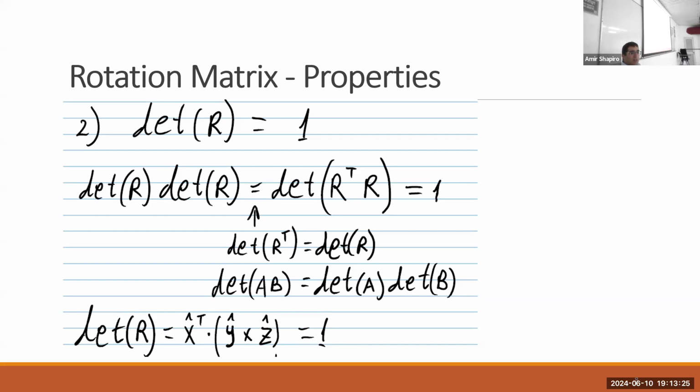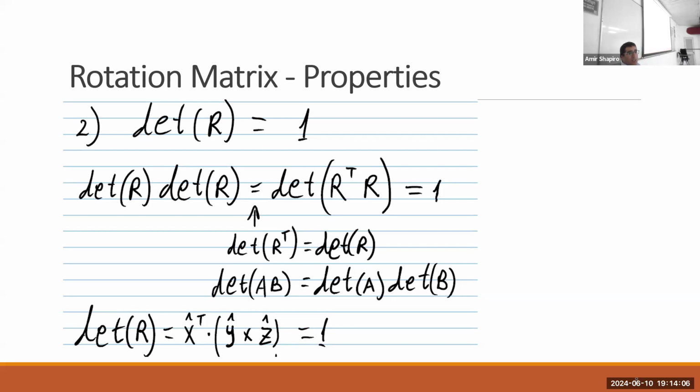Determinant of R times determinant of R equals determinant of R transpose times determinant of R, because the determinant of R transpose is the same as the determinant of R, and the determinant of AB is the determinant of A times the determinant of B. These are the two rules we used here.